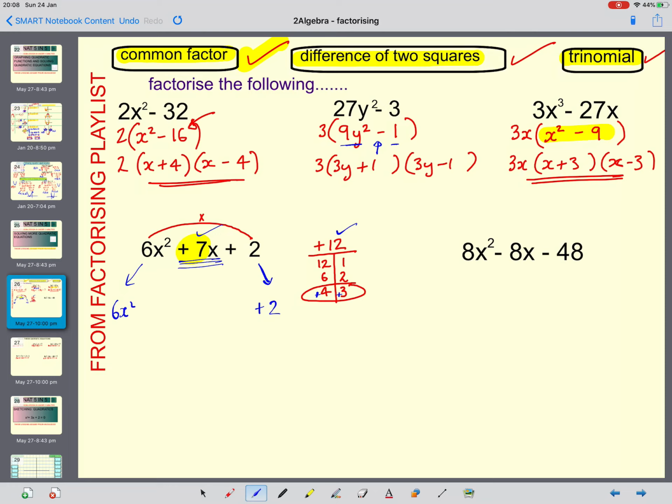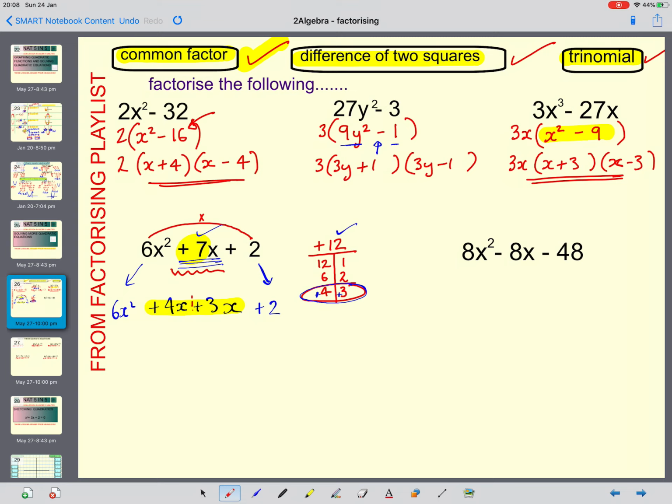I'm going to change the 7x into what I've circled over here with my factor pairs. I'm going to use that 4 and that 3. So I'm going to change it to a plus 4x and a plus 3x. Okay, and as you can see, 4x add 3x gives me 7x, so it's the exact same.